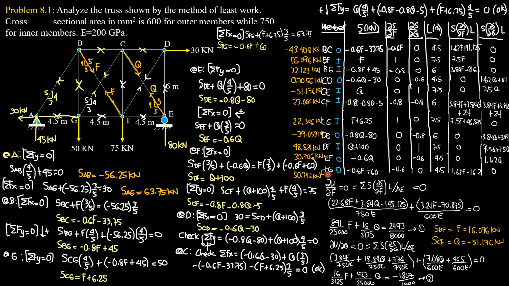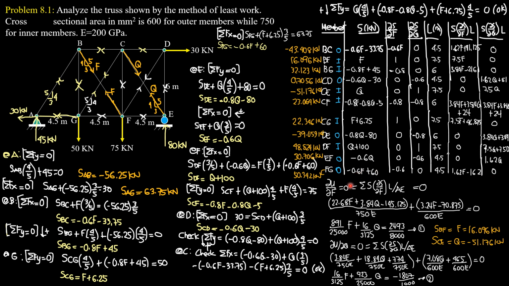Then finally, for FG, SFG is equal to negative 0.6F plus 60. Partial derivative of S with respect to F, negative 0.6, with respect to Q, 0. Length 4.5, so S, partial of S with respect to F times length is 1.62F minus 162, and S, partial of S with respect to Q times length is 0.